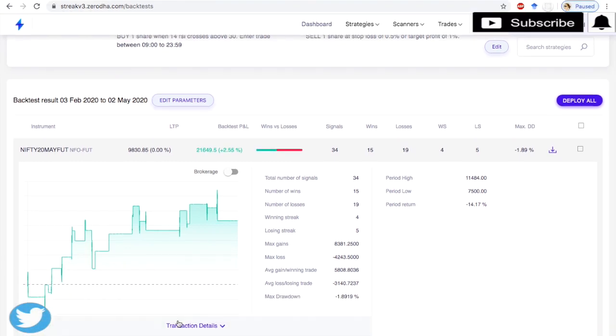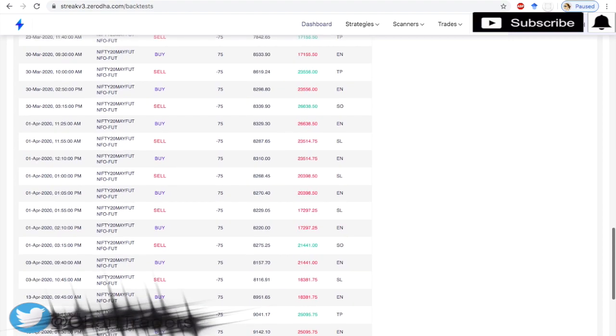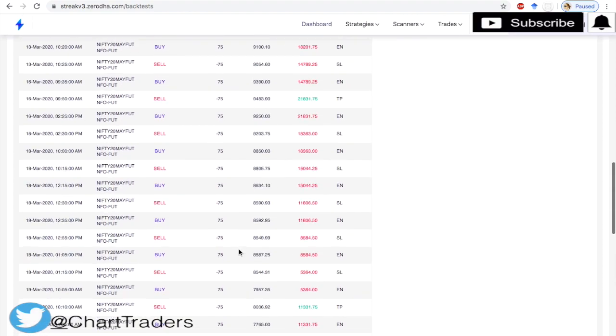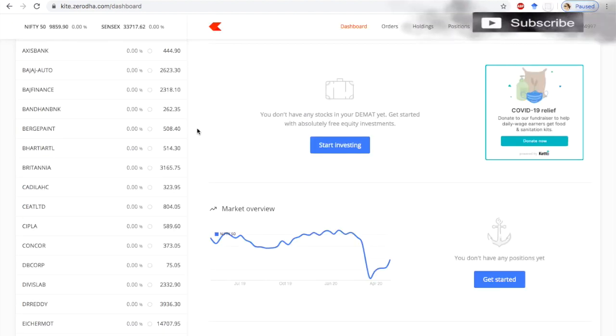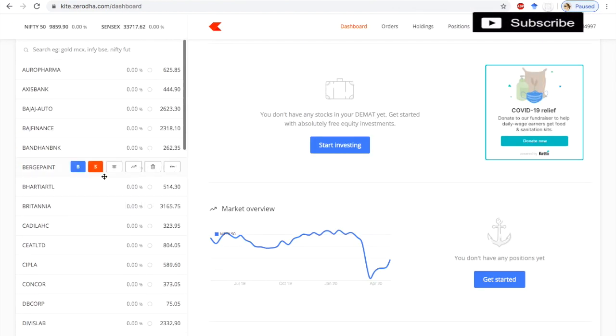Now here you can see the transaction history contains different trades. On 24th April around 9:35 a buy signal was generated around 9197. So we will see on 24th April, Nifty.